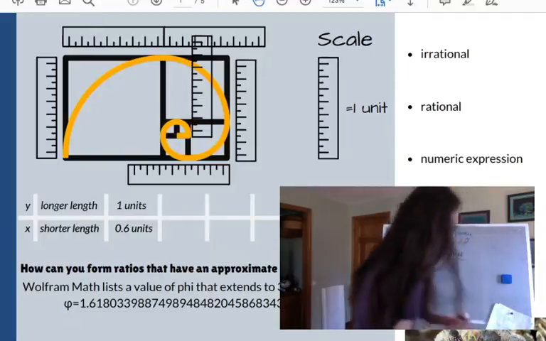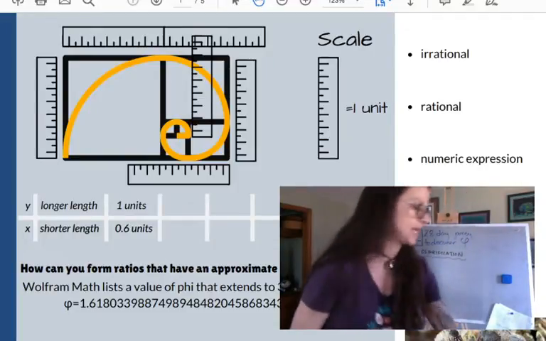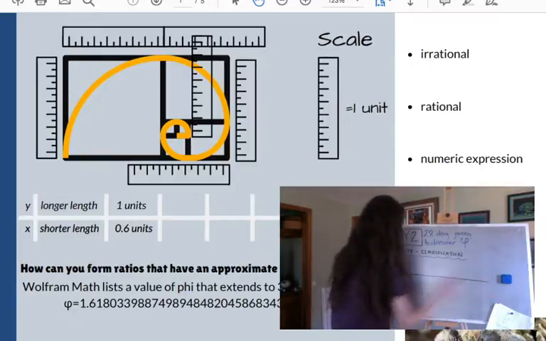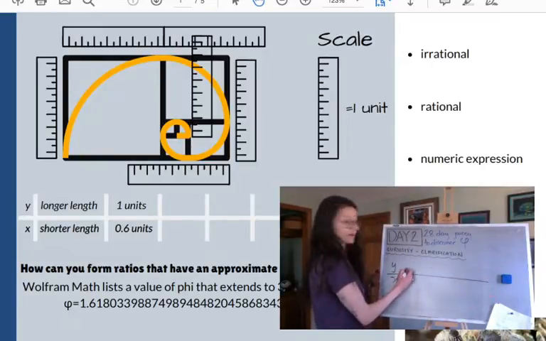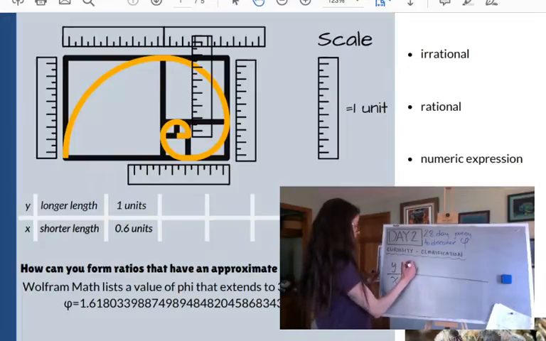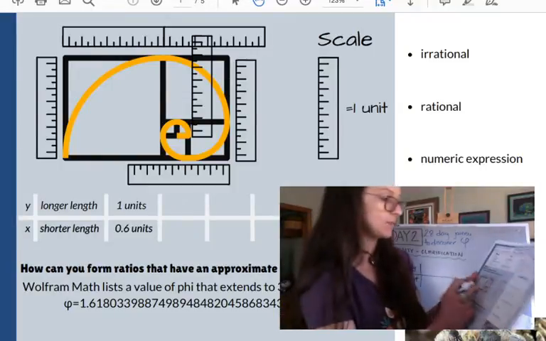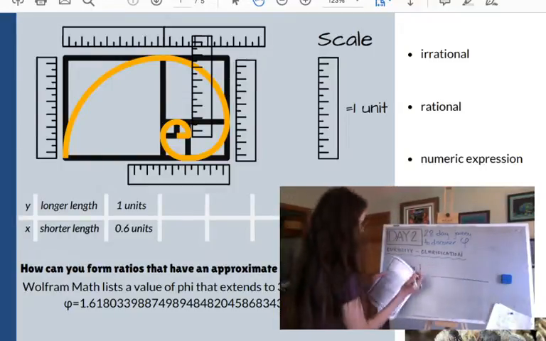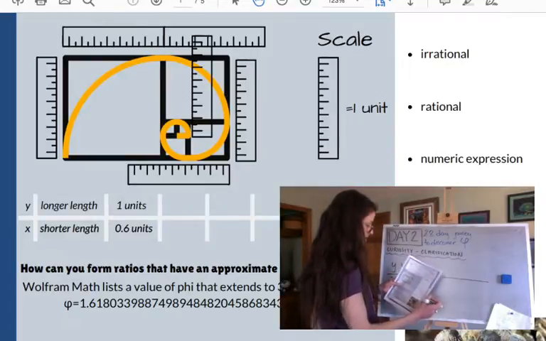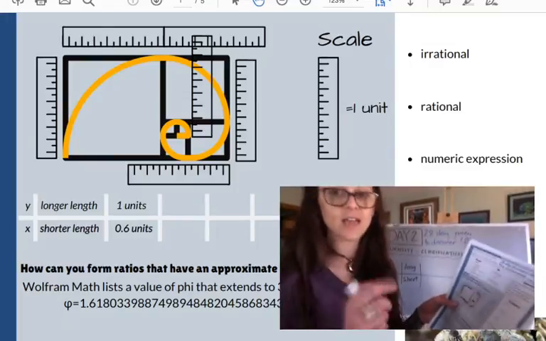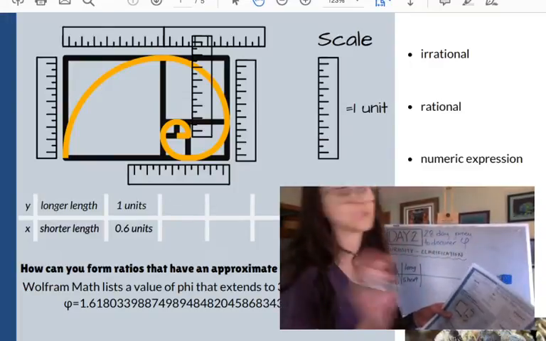The ratio table on the enhancement PDF is relating y to x, where y is the longer length and x is the shorter length. So if you take the time to count, considering the width to be 1, because you can see the scale, the scale is that one of those rulers is 1 unit.